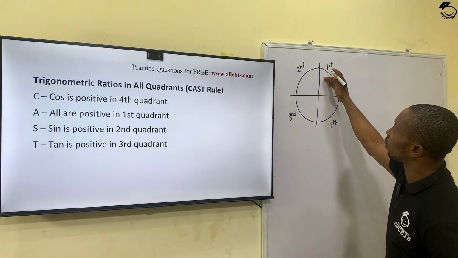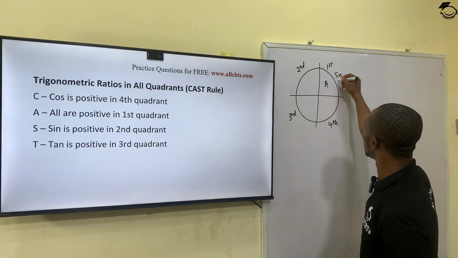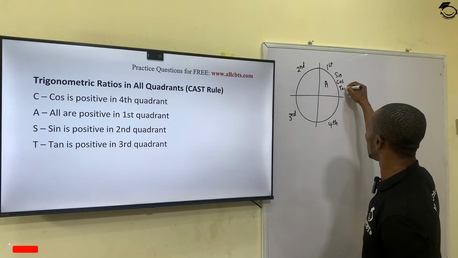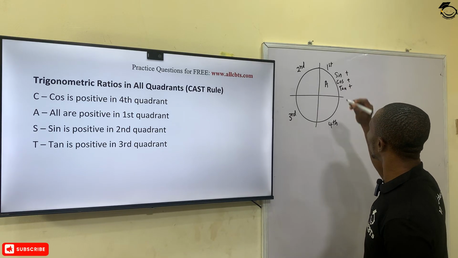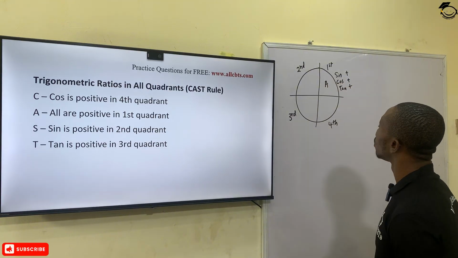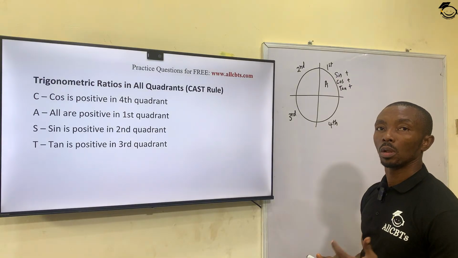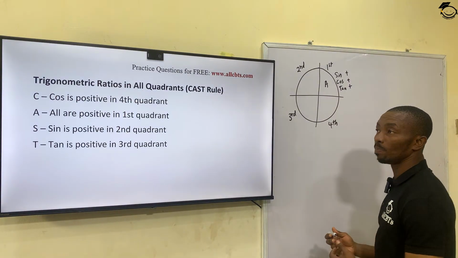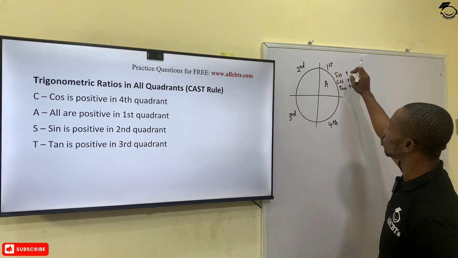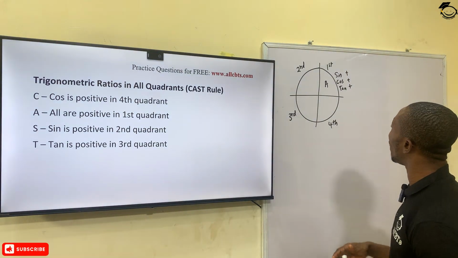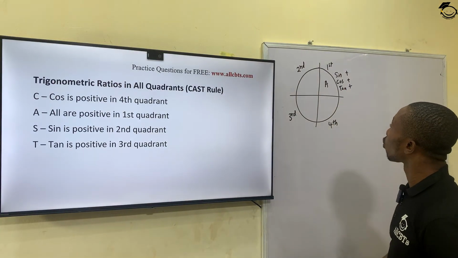Now, in the first quadrant, all, that is your sine, cosine, and tan, are all positive. And this angle are always acute. Now, when we talk about acute angles, they are angles that are between 0 to 90 degrees. All right, now, acute angles of your trigonometrical ratios are always positive, once they are in the first quadrant.